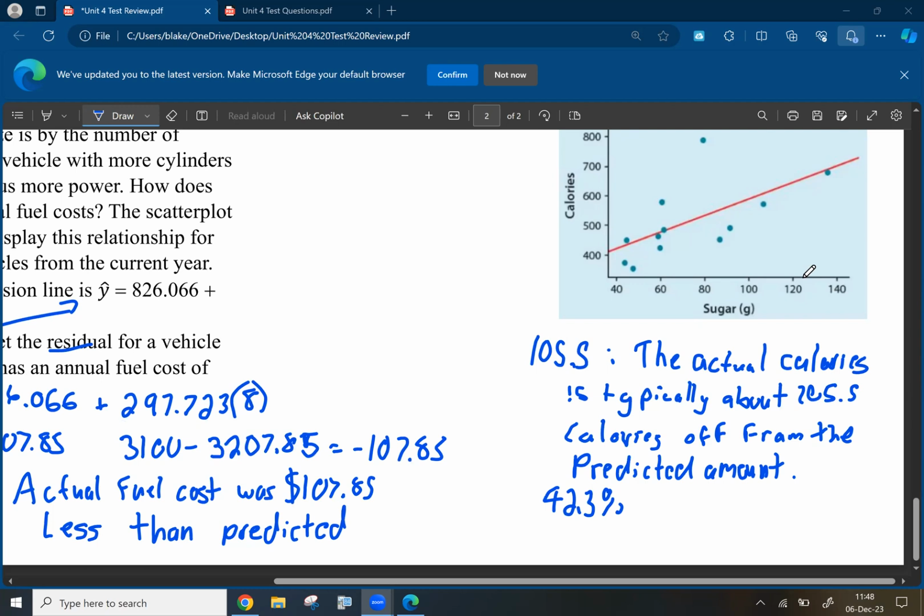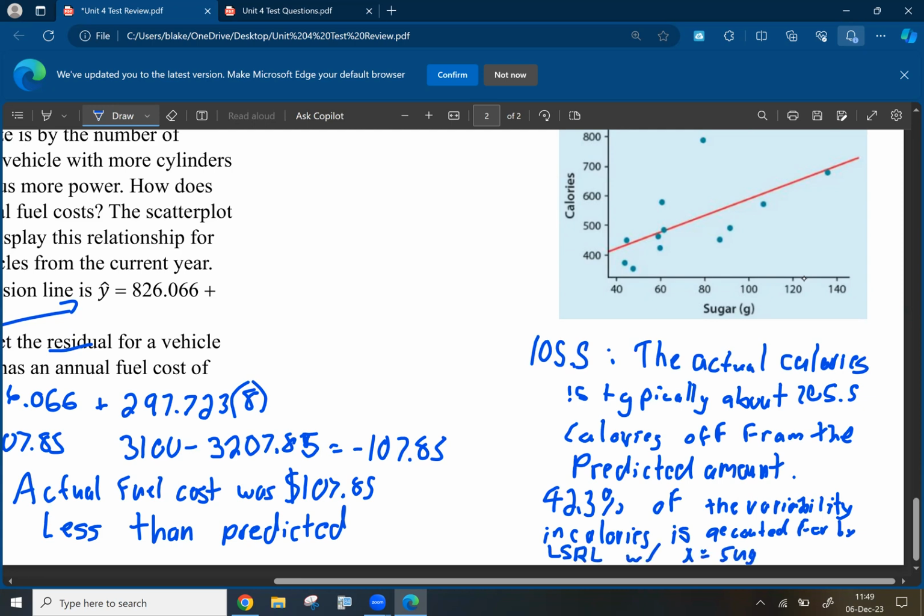So 42.3% of the variability in calories is, I'm not gonna have enough room here, accounted for by least squares regression line with x equaling sugar. Okay, really tight fit down there, but there it is.